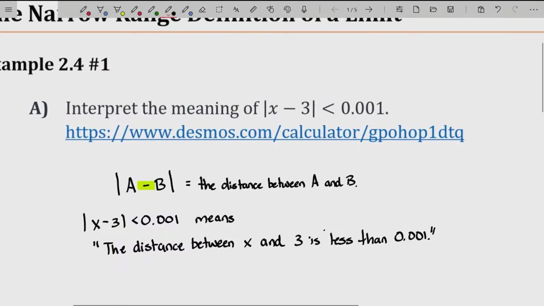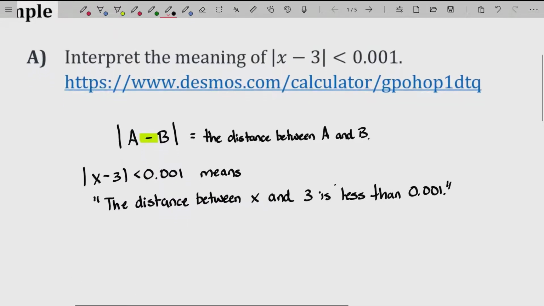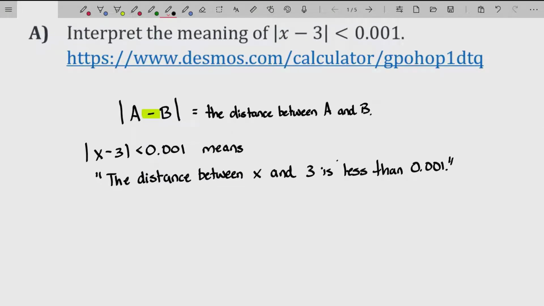And you can see I have a Desmos app that I have queued up here. But before we get into that, I want to show this on a number line. So you have a number line here, and you have a couple objects on it. One is the number 3, and the other is some value of x that you don't quite know. So I'm going to, in a different color, just throw a value of x, maybe right there.